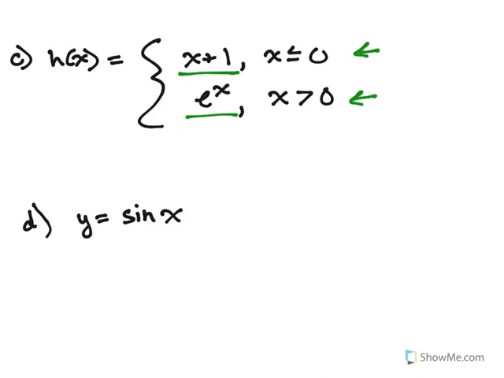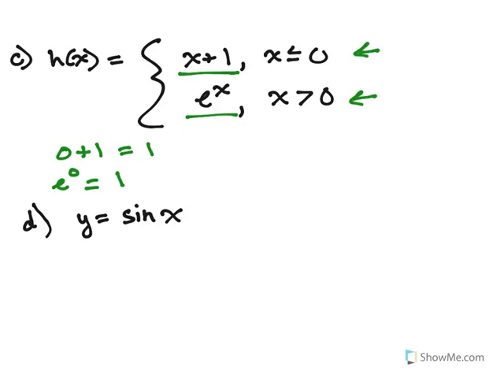So if we plug in x equals 0 to row 1, we get 1. If I plug in x equals 0 in the second row, I get e to the 0, which is what? 1. Anything raised to the 0 power is 1.